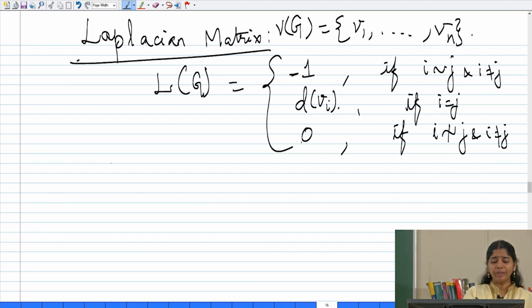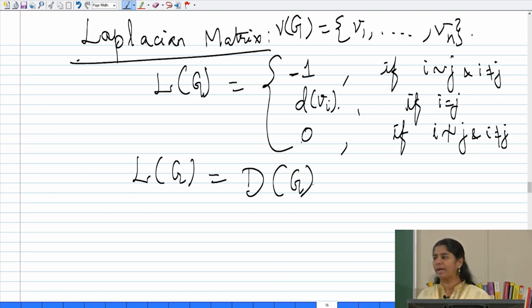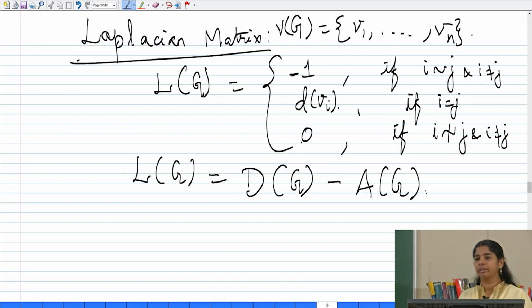Okay. So, there is also an alternate way of defining this Laplacian by the way we have defined it. This L of G is also nothing but the degree matrix, a diagonal matrix where the diagonal entries are nothing but the degrees of the vertices, in the corresponding order, right, minus the adjacency matrix.